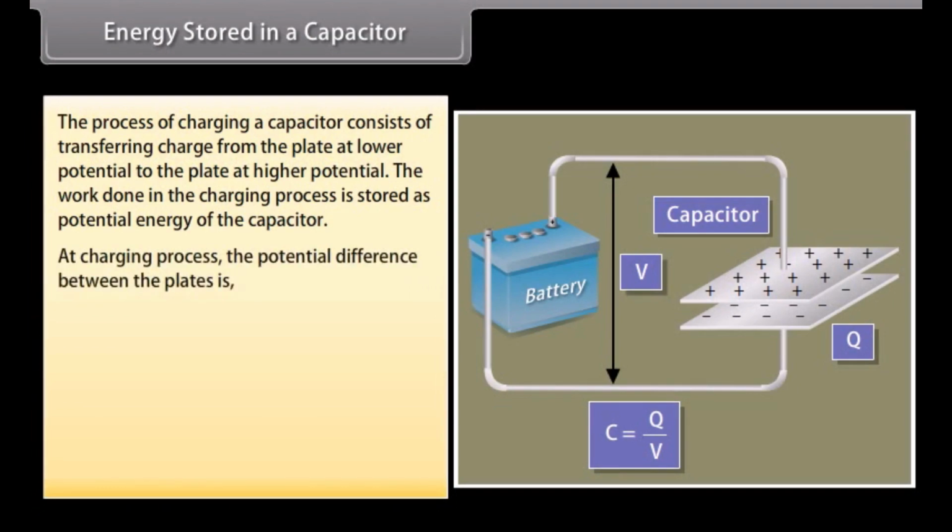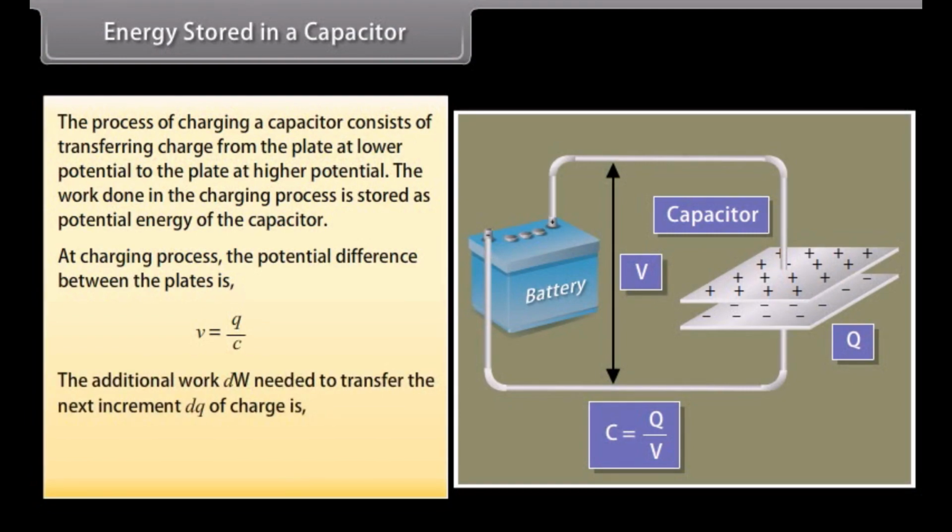During the charging process, the potential difference between the plates is V equal to Q by C. The additional work dW needed to transfer the next increment dQ of charge is given by dW is equal to V dQ, which is equal to Q by C into dQ.